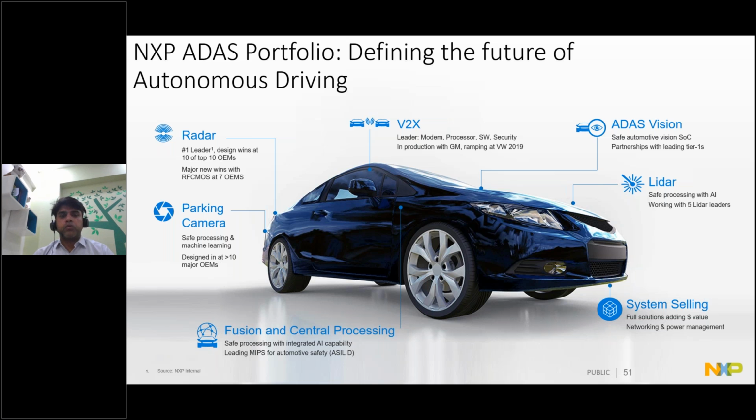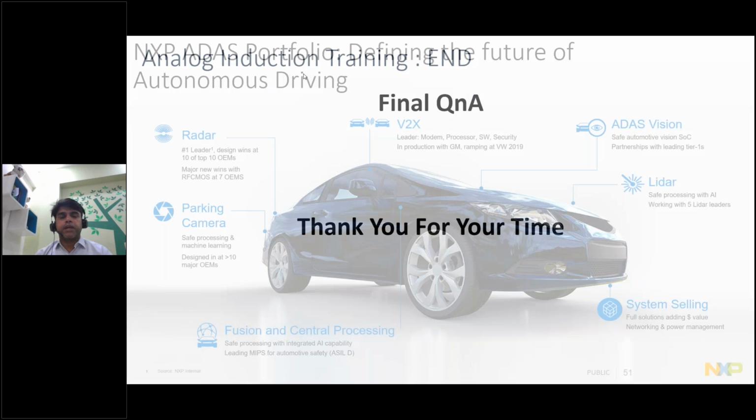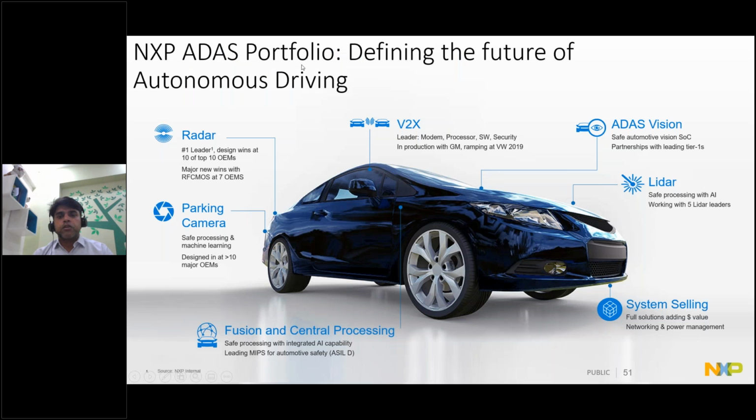V2X is about vehicle to vehicle communication, where vehicles tell each other, hey, I'm on the road, please be aware, this is my speed. It also makes the solution very easy. ADAS vision is about a bunch of cameras continuously looking at the environment and ensuring what signs are written, where the next car is, and all those kinds of things.